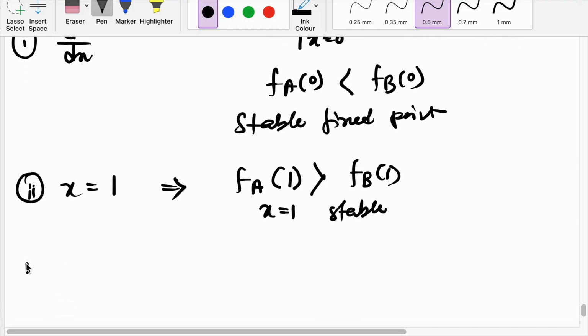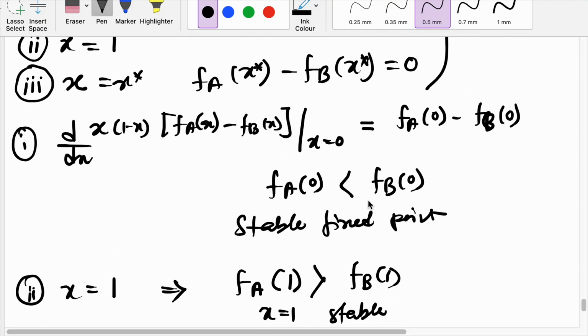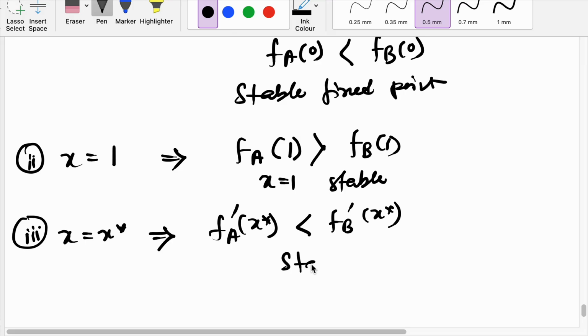And the third one, if x equal to x star, if fA prime(x star) is less than fB prime(x star), then this internal fixed point is stable. So this is the thing.